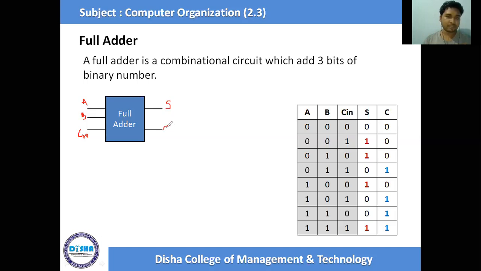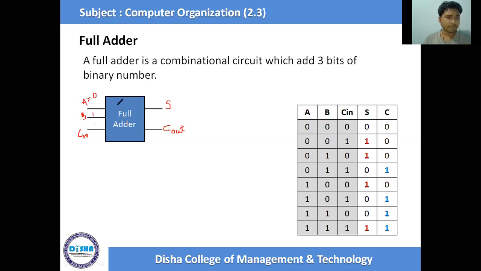Now this carry will move to the next addition column. This is basically represented as C or C out. We can represent it as C or as C out. So suppose here the A value can be 0, the B value can be 1, and the C value can be 1.